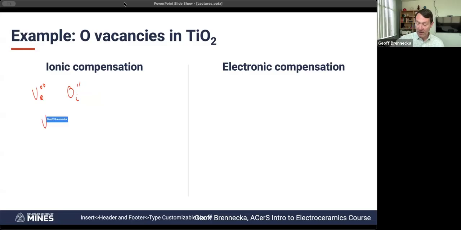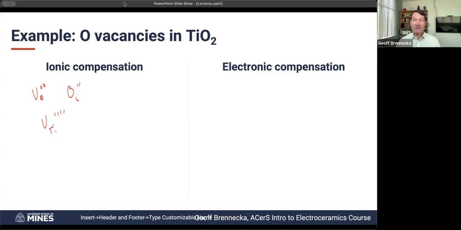What else could we have? We could also have titanium vacancies. So that would be effective 4-. Any other suggestions of what could ionically compensate for an oxygen vacancy in titanium? We've only got 2 ions, so that's really it from an ionic perspective.